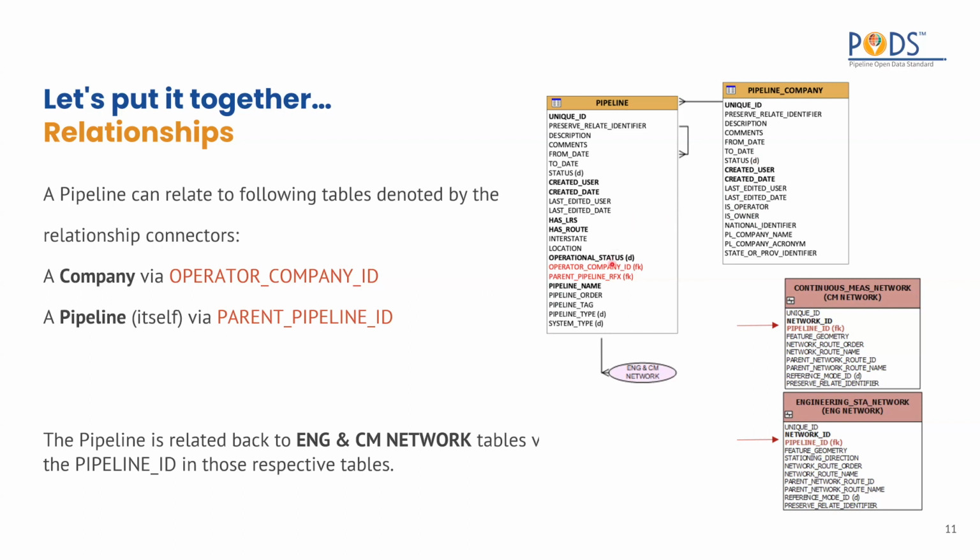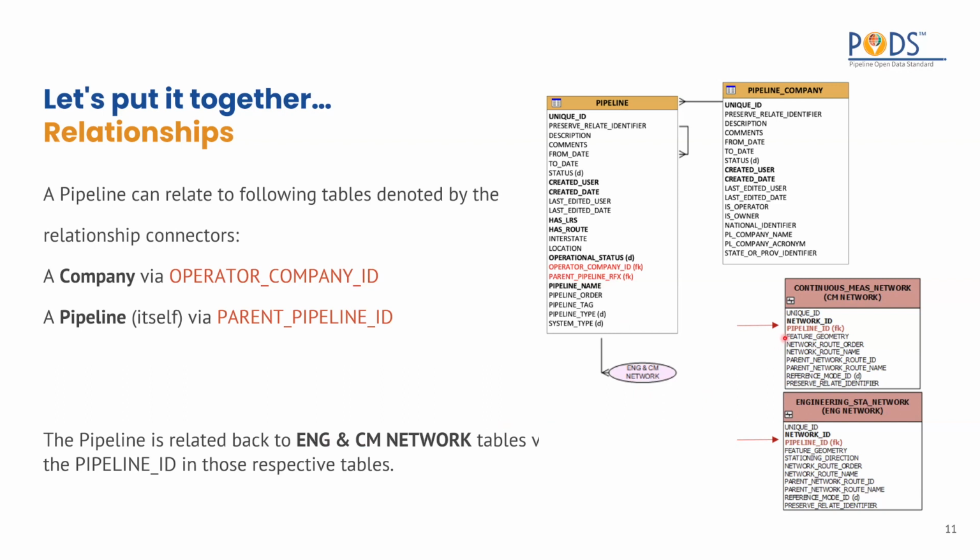And then the pipeline itself can be related to itself. So in PODS 7, there is a relationship called recursive relationship where you can associate a pipeline to itself. So you can have routes and you can have this kind of a series in a route situation by using that parent pipeline foreign key.